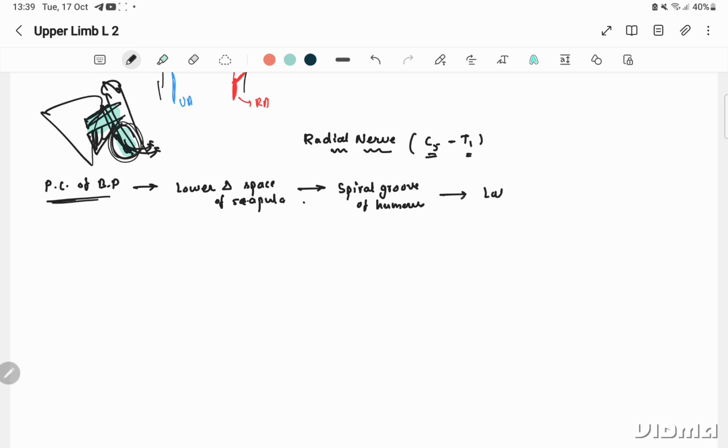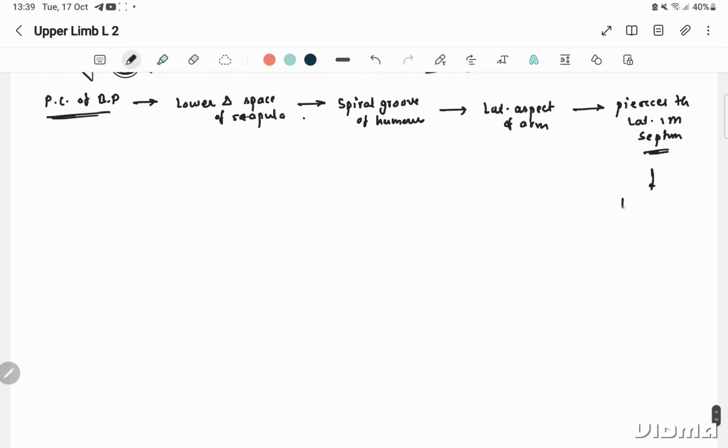Then it comes to the lateral aspect of the arm, pierces the lateral intermuscular septum, and descends in front of the septum and reaches in front of the lateral epicondyle of the humerus.